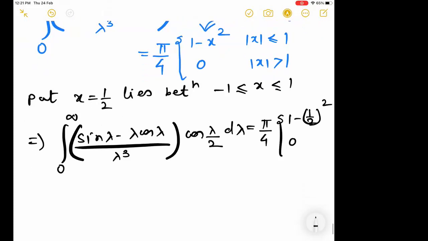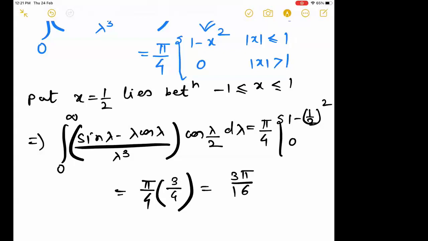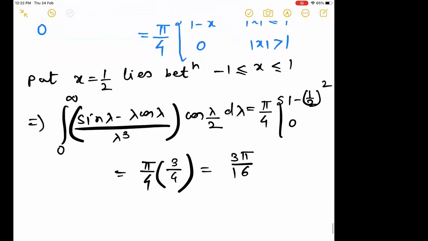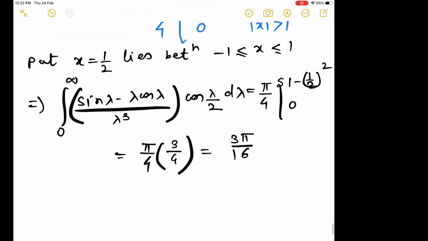So this is coming out as pi by 4 into 1 minus 1 by 4. 1 minus 1 by 4 is how much? It's coming out as 3 by 4. So that means 3 pi by 16 you are getting. Correct? The answer is 3 pi by 16 for the integral.